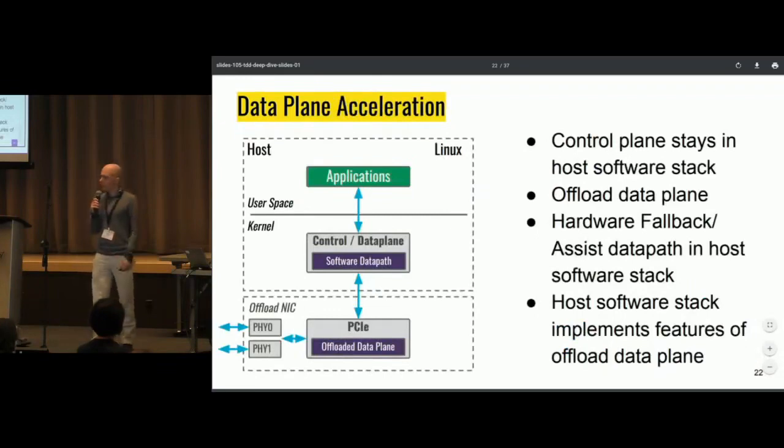So back to data plane acceleration. Here we have a diagram that represents roughly how this works. We have applications, and then in the kernel we have an implementation of a data path. Then down in the offload NIC we have a data plane, which implements some or maybe all of the functionality of the data path in the kernel.